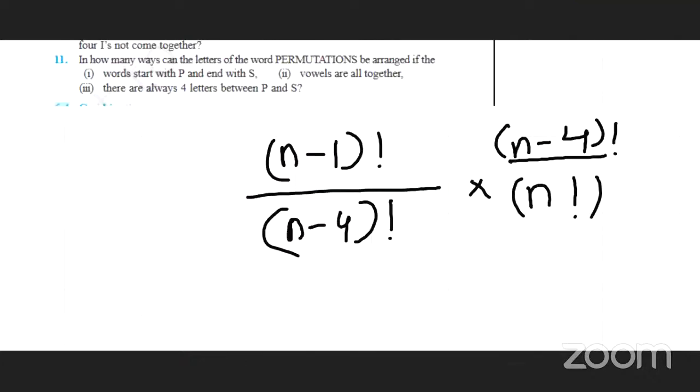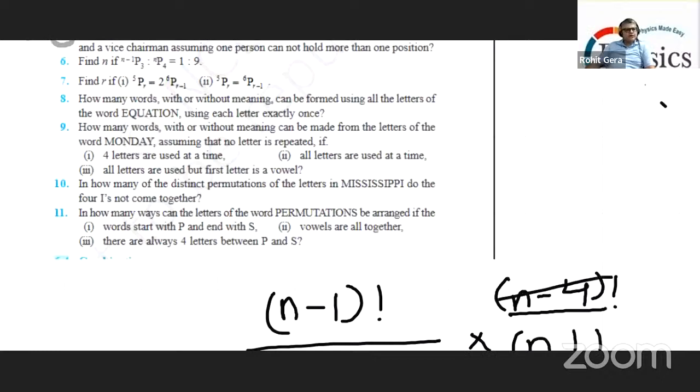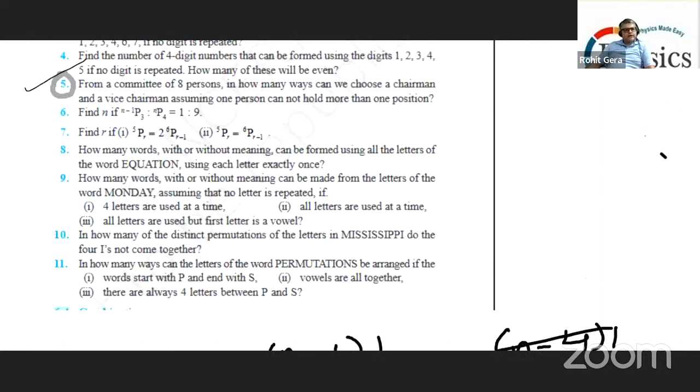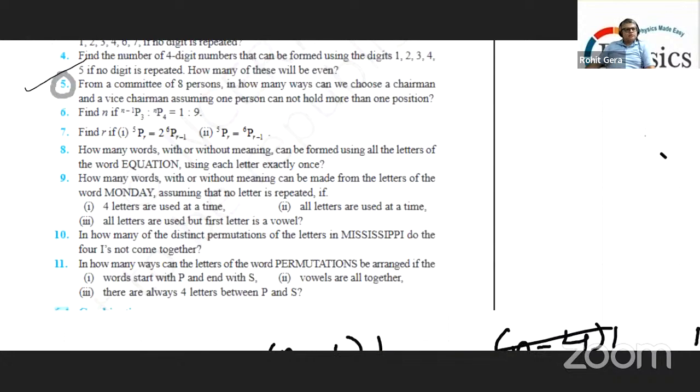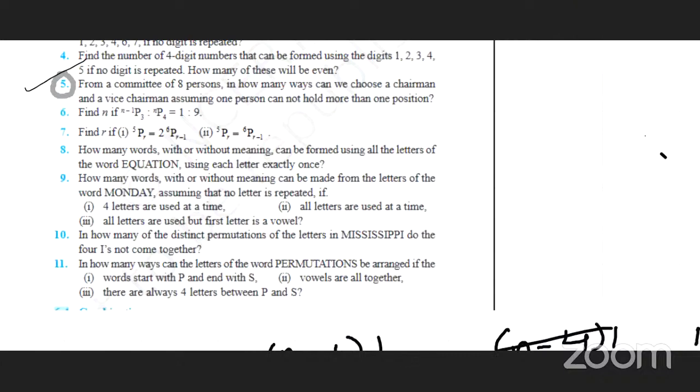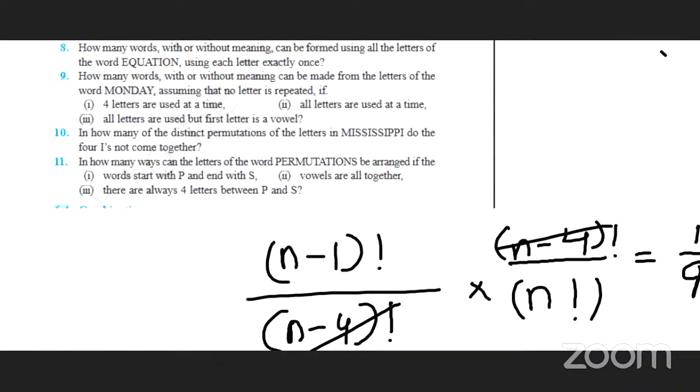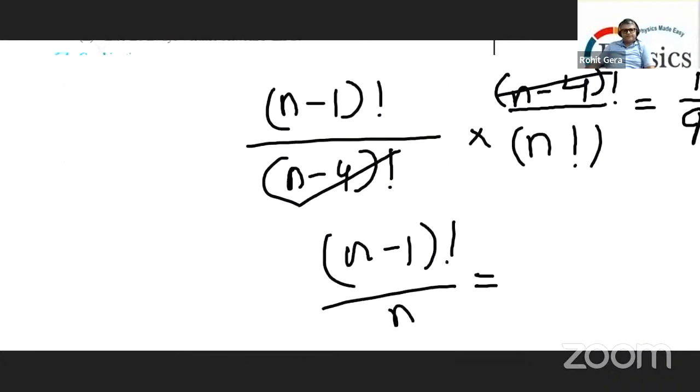And this is being divided by n minus 4 factorial, and n factorial upon n minus 4 factorial. The factorials cancel.